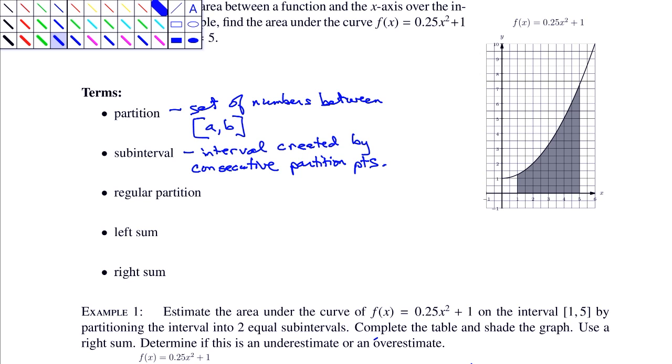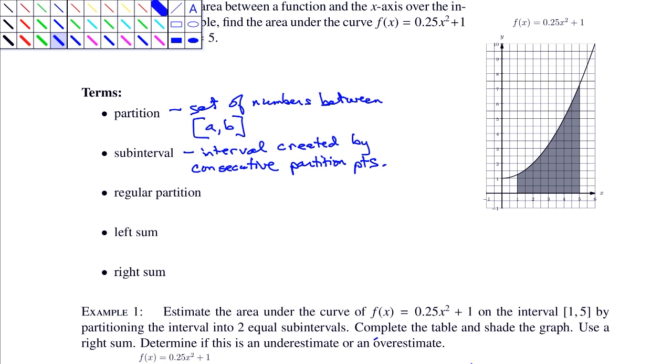All right, so a partition is a set of numbers that are between a and b. They partition the interval a to b, and so we have these subintervals from a to b made up of the partition points from the partition.